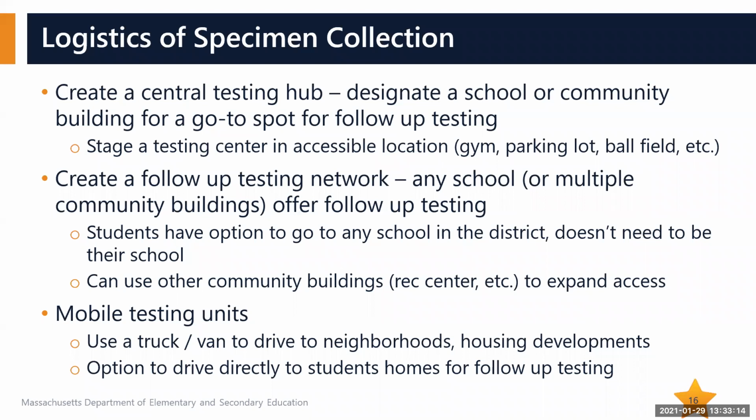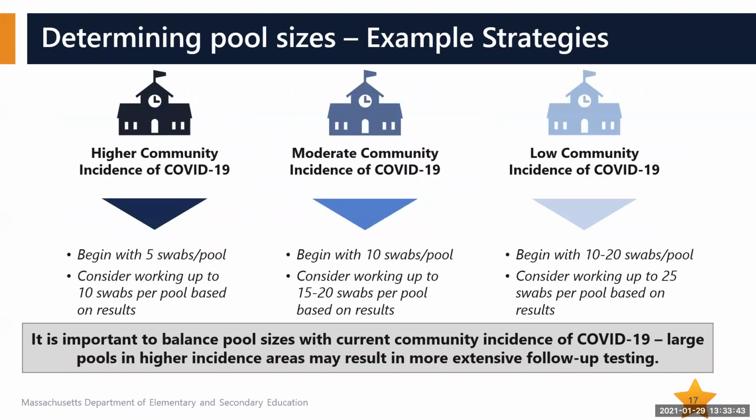And so we appreciate all of these ideas we've learned from districts that have set up very creative ways to make testing locations, particularly for follow-up testing, as local as possible, accessible as possible, and very immediate. Something like a mobile testing van could be very useful to get these services out within the community. And certainly ideas like this, Shaw can help to expand upon as well.